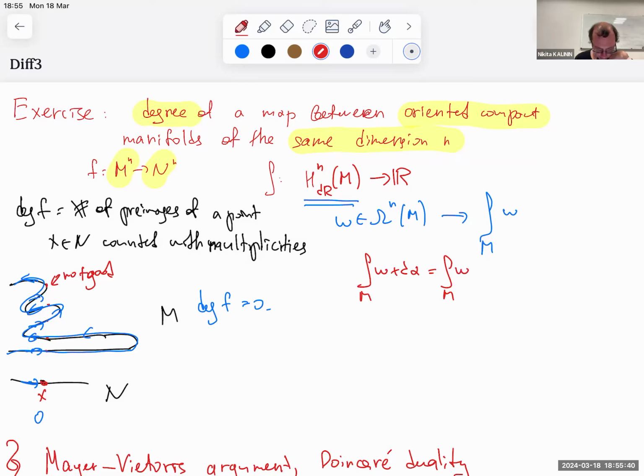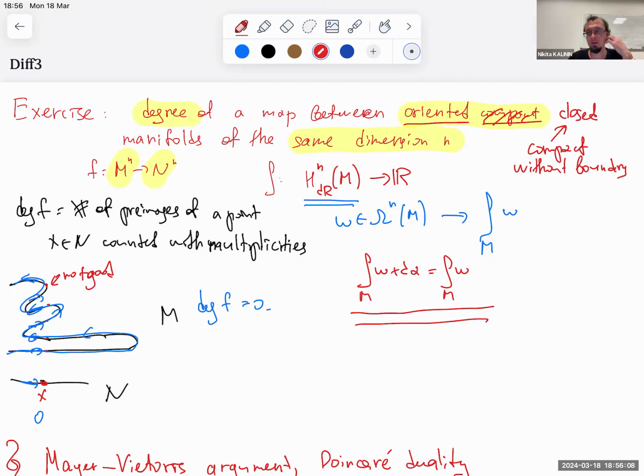So let's say that M is oriented and compact, so it's a closed manifold. Closed manifold means compact without boundary. For such manifolds you have such a property, because if you integrate a closed form over a compact manifold without boundary, you have 0.